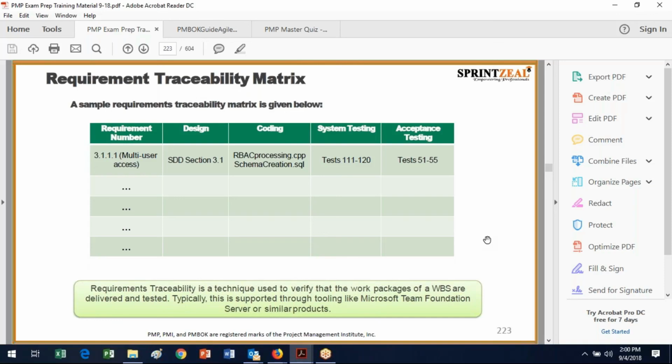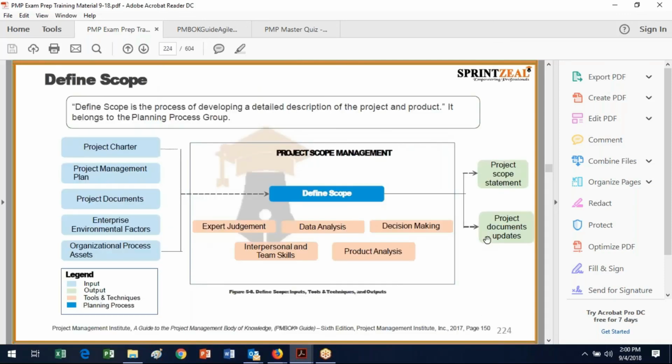And then depending on how far we've gotten forward in the life cycle, if we've coded it or done system testing or any acceptance testing, we've got to say, okay, which tests relate to this design change? And again, how are we going to make those changes?